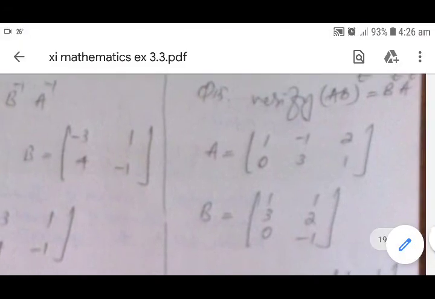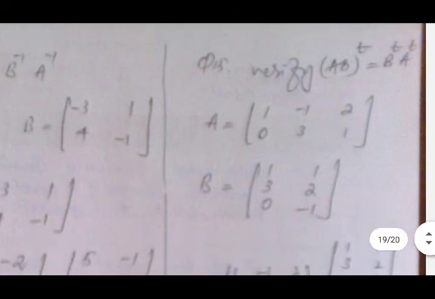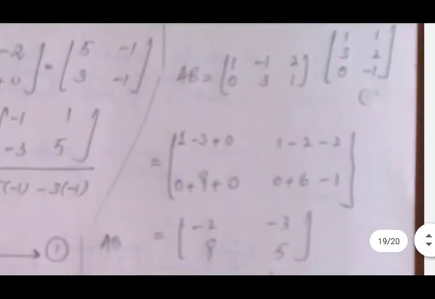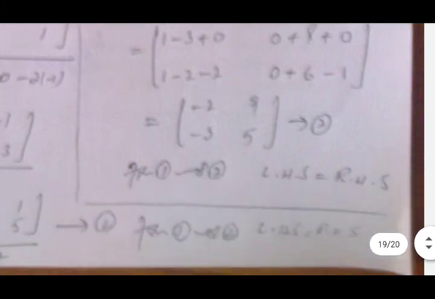And in this question we verify (AB) transpose is equal to B transpose A transpose. First we multiply these values, then we transpose these values, and next we find B transpose, A transpose, and multiply these values.